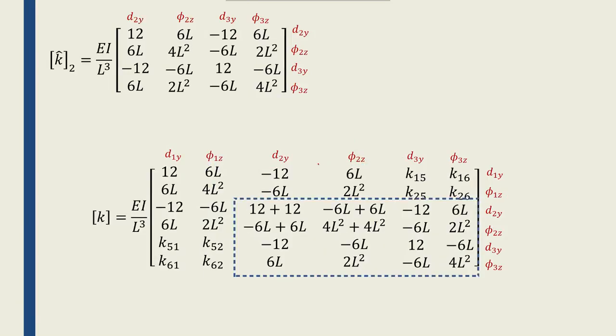Moving on to element 2, I only have nodes 2 and 3 for displacements. And that portion of the big matrix is here, again shown by a dashed rectangle.